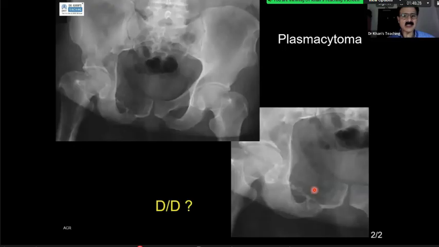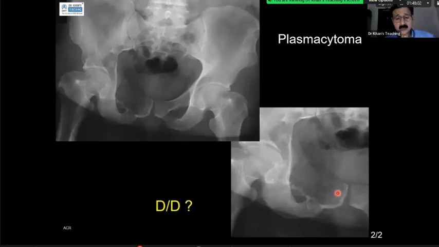But in the axial skeleton, like the pelvis, that doesn't work. So a narrow zone of transition can be malignant and can also be benign. So remember that. In your description of a tumor in a long bone, zone of transition is a very important point. In the axial skeleton like the pelvis, it is not.